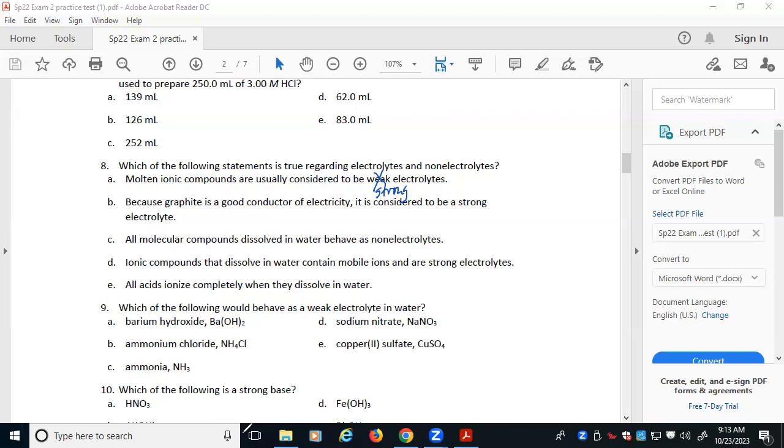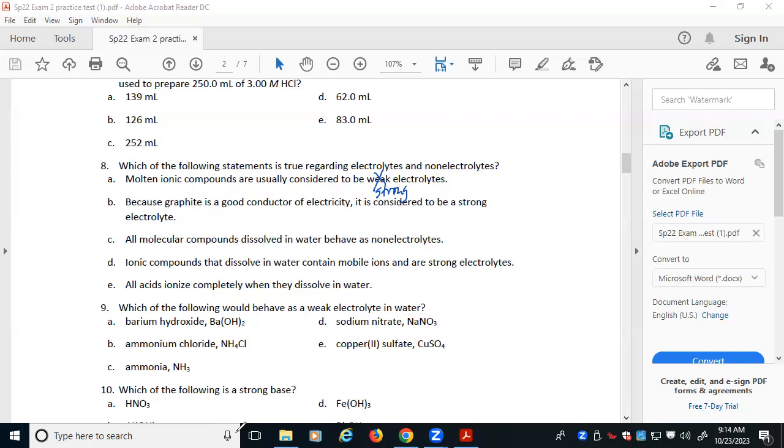Graphite is a conductor of electricity. Just because you are a conductor of electricity, does that mean that you are actually a good electrolyte, though? It has to be able to dissolve in water. That's the whole point. Does graphite dissolve in water? If I swish my pencil around in a cup of water, is the pencil lead going to dissolve?